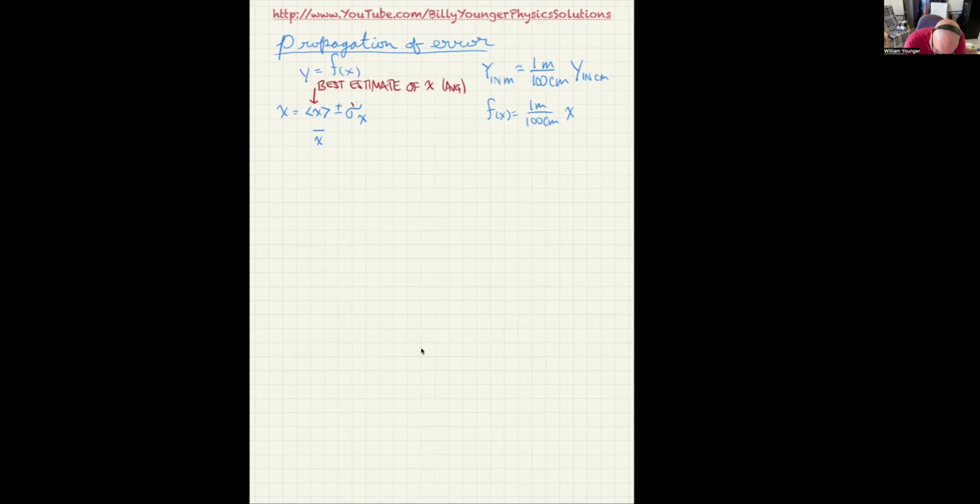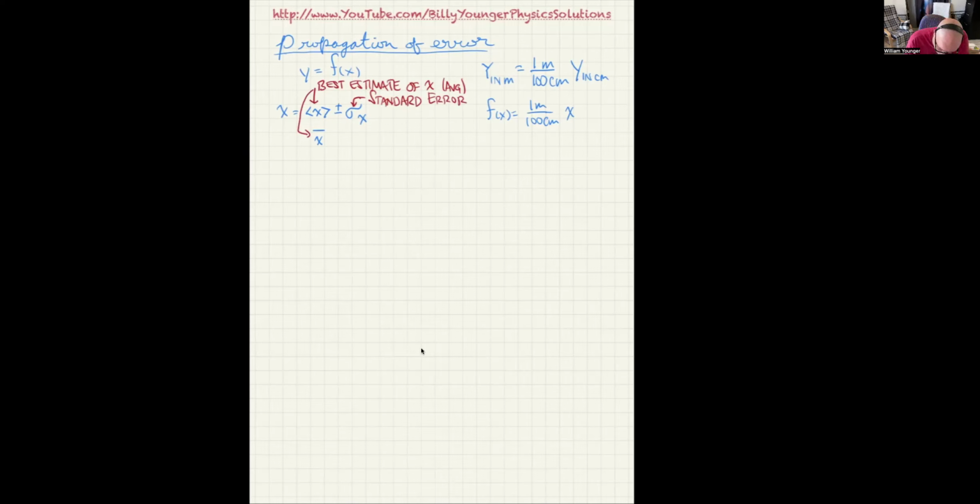This quantity right here, sigma x, is technically called the standard error, which we introduced you to in the propagation of error lab. It's also called the standard deviation of the mean. I would also say that this is the best estimate too. That's why I wrote it below it.